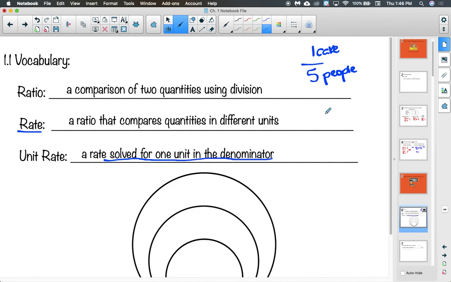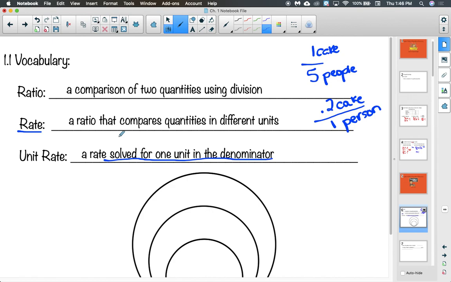So if I did some division and I got 2/10 of a cake for 1 person, now I have taken my rate and turned it into something even more special called a unit rate. A unit rate is special because it is a rate, but we've taken the denominator and we've done some division and we've turned it into a 1.